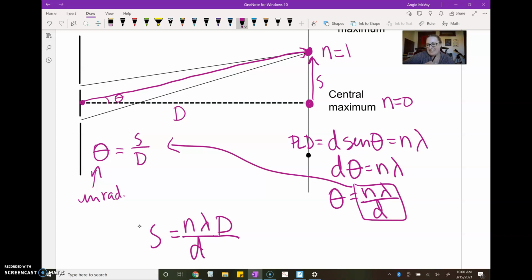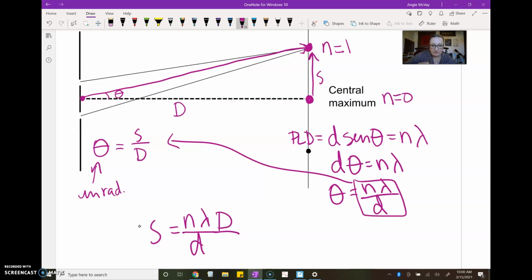This is not exactly the same as the one that we came up with on the previous slide. We've got an extra n here. Okay, so this is not for slit separation.